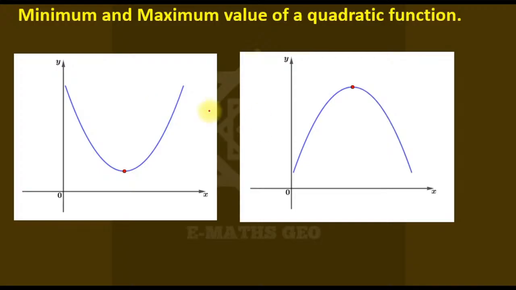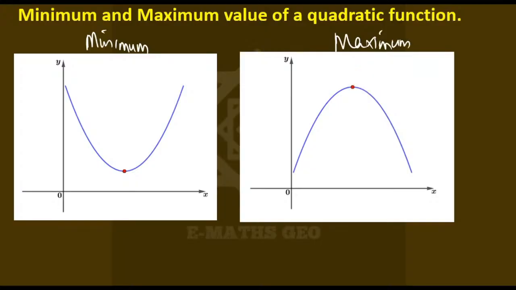If it's concave up, we have a minimum. This one will have a minimum, and as you can see, the vertex here is below, while this one is above. So we'll have that minimum value, but here we'll have a maximum.